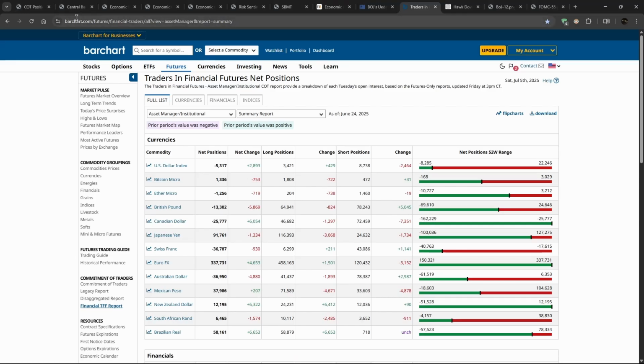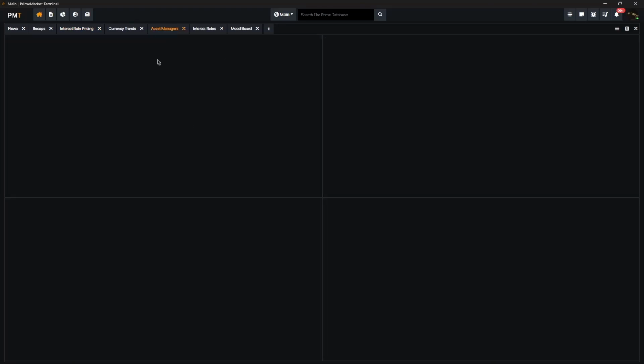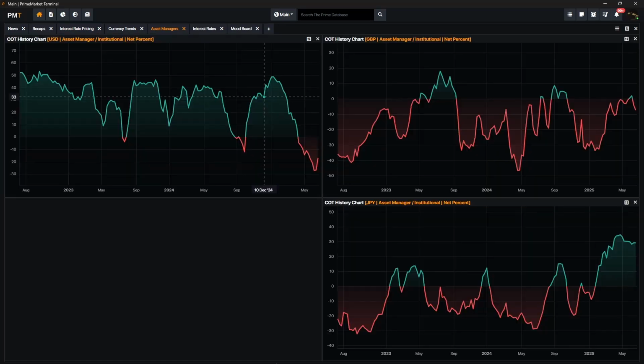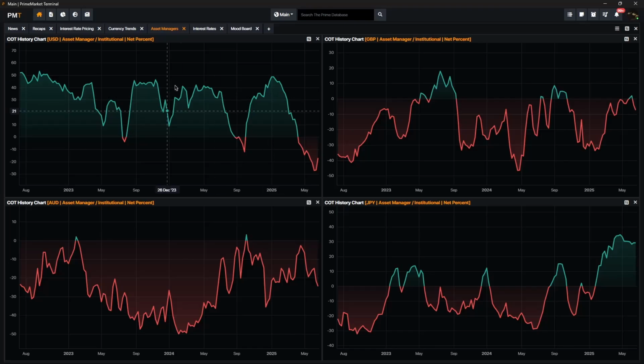So I go to this website here called Bar Chart. Well, this is the free version, the free alternative. If you have Prime Market Terminal, you have the asset managers right here that you can look at, which is a lot more comprehensive than Bar Chart. If you have Prime Market Terminal, you can come here and see that for USD positioning, they are currently bearish, but they have been building USD positioning, which we'll talk about soon, and how I analyze that.